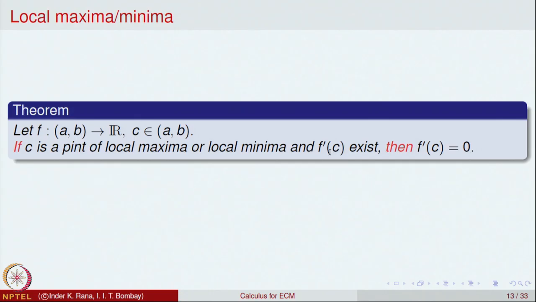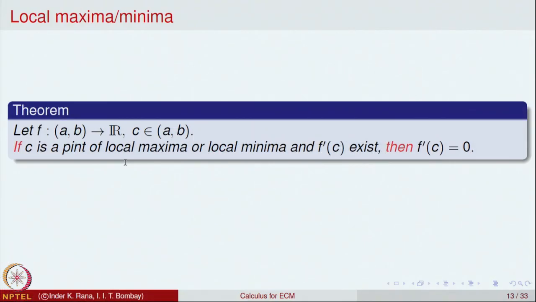That means at a point of local maxima or minima, if the tangent can be defined, mathematically saying the function has a derivative, then the derivative must be equal to 0. So, this is a necessary condition for local maxima or minima.